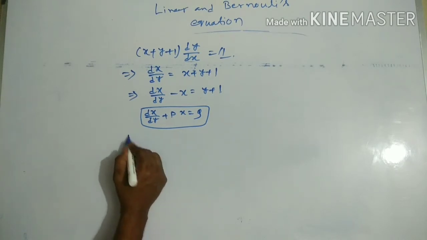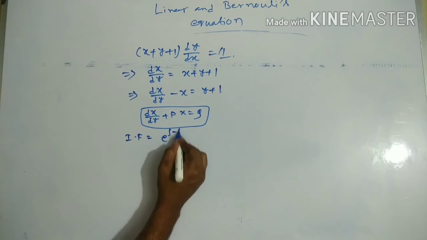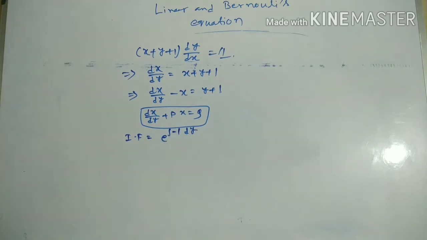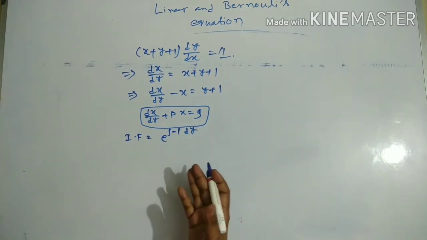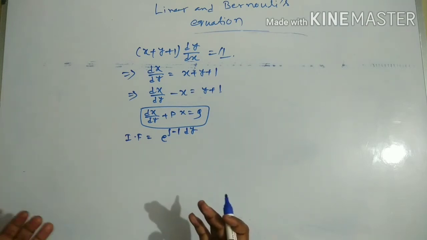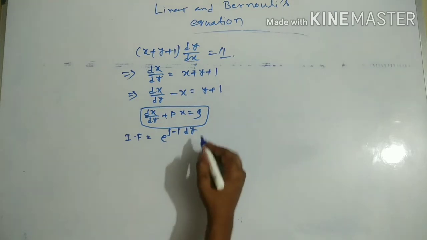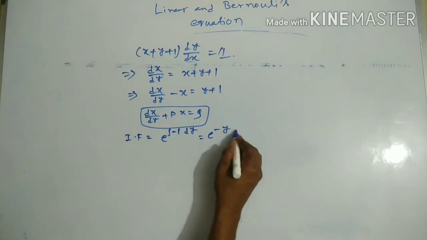So integrating factor will be e to the power integration minus 1 dy. When you do the sum, we'll see the solution procedure which I have described at the start of the video. That is equal to e to the power minus y.